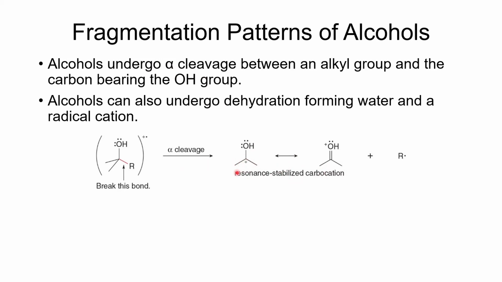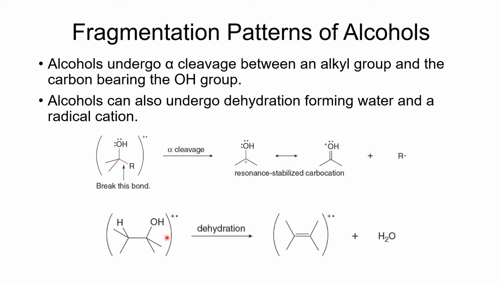This is one that we'll see quite a bit over the course of this semester. And it's possible that the alcohol can undergo a different kind of reaction where it does dehydration, and you get an alkene. So it's not uncommon to see these kinds of fragmentation patterns.